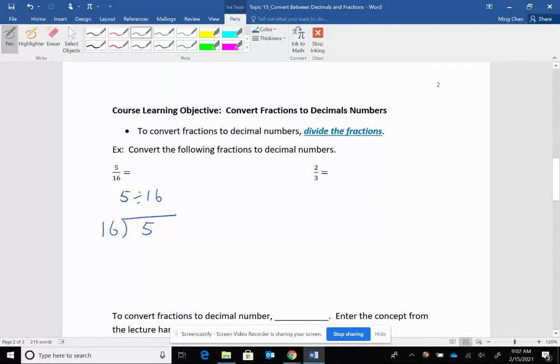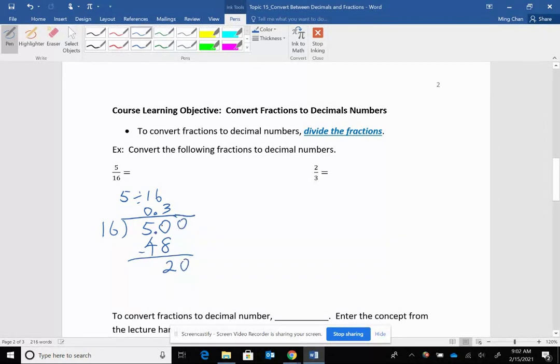All right. 16 cannot go into 5, so that will be 0 times. So we're now going to start adding zeros. 16 going into 50, about what? 3 times, right? Because that gave me 48. If I subtract, that's 2. All right, add another 0, bring it down.